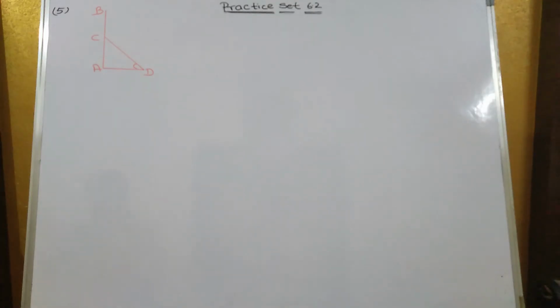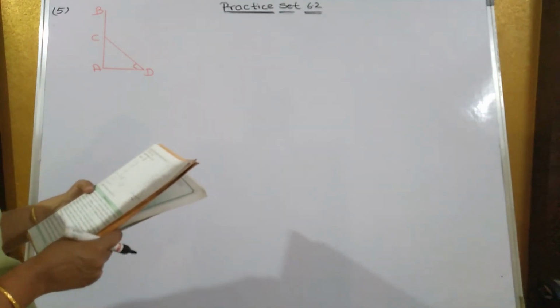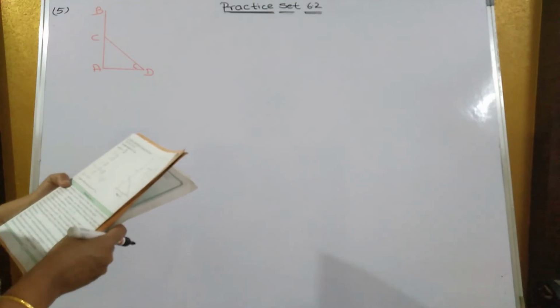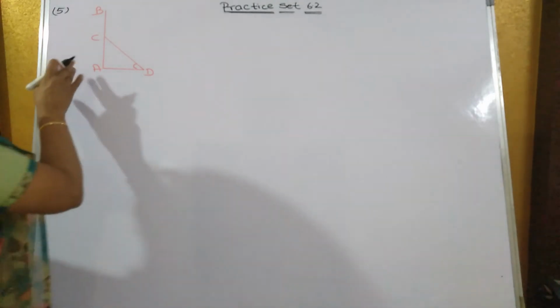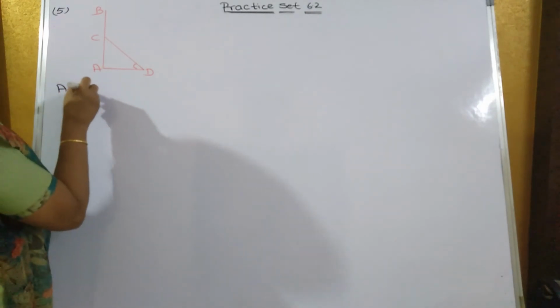Now fifth sum, they have given a storm broke a tree and the tree top rested 20 meter from the base of the tree, making an angle of 60 degrees. So if this is the tree, that is AB is the height of the tree.